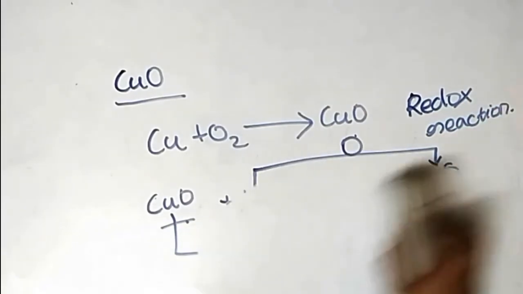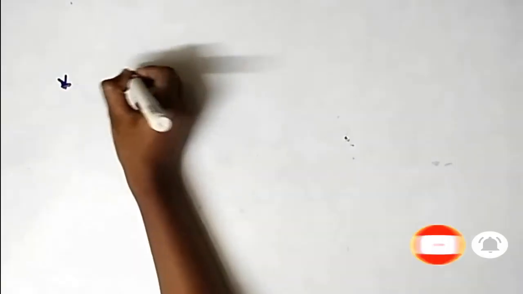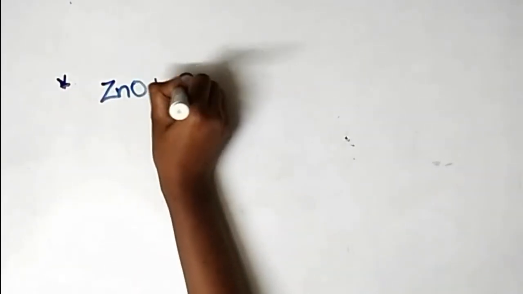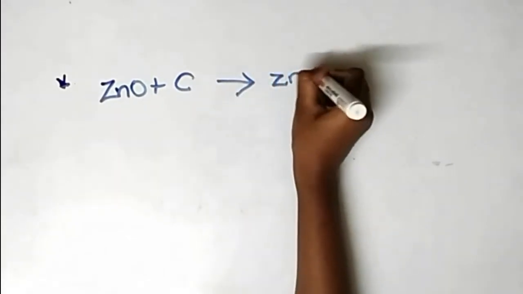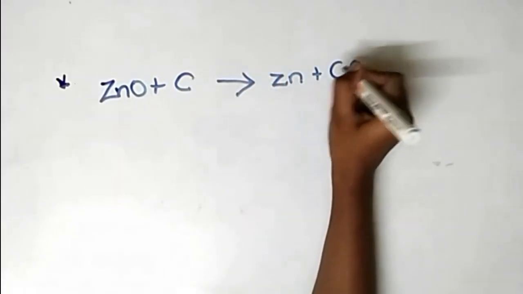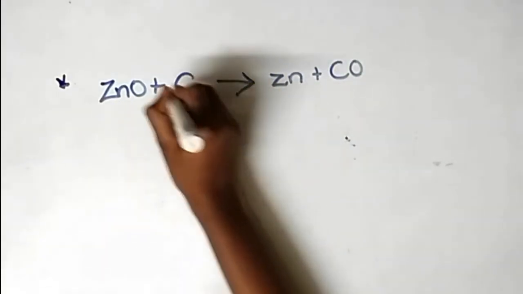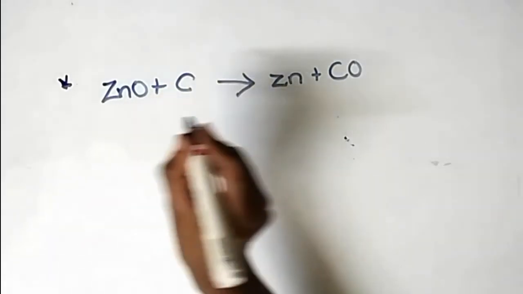Now we will look at some more examples of the redox reaction. Another example is zinc oxide, ZnO, plus carbon gives you Zn plus CO, carbon monoxide. Here the zinc oxide on the reactant side loses the oxygen and becomes zinc.